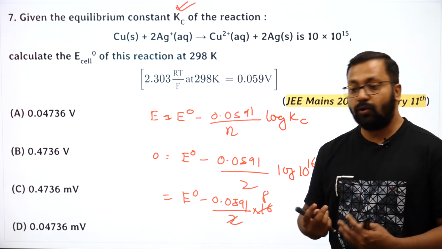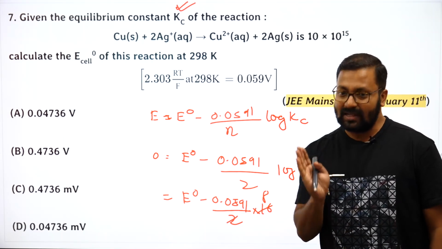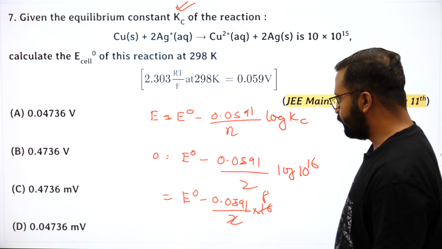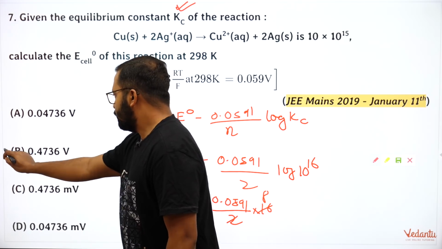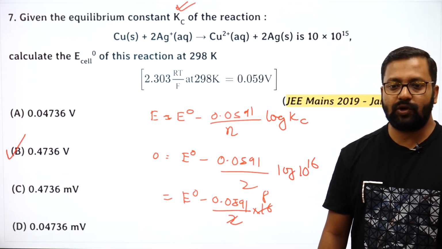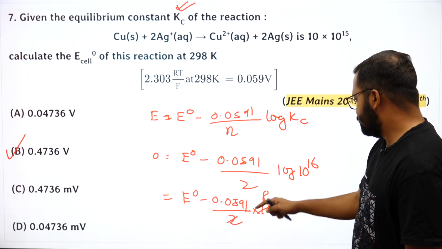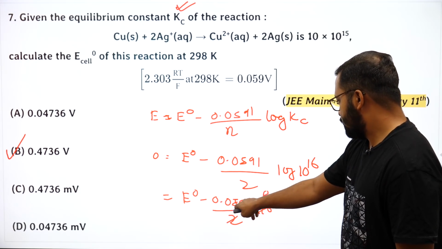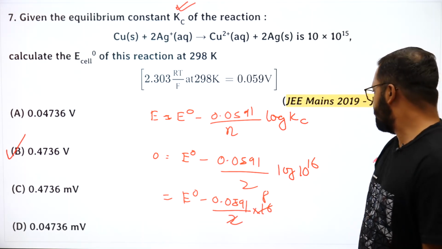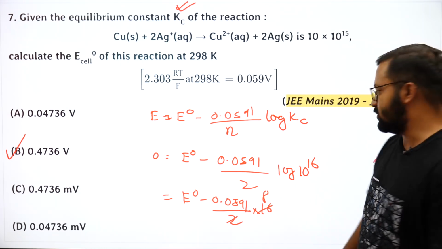So 0.48 होगा नहीं, क्योंकि ये 0.6 है नहीं, so slightly less than 0.48. So the answer should turn out to be 0.4736 volts. The right answer should be B. Okay, let's move on to the next question.